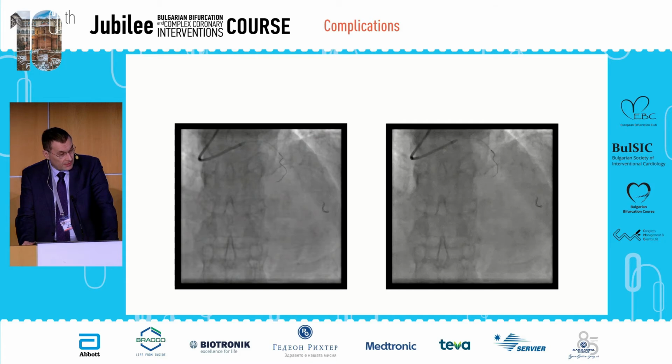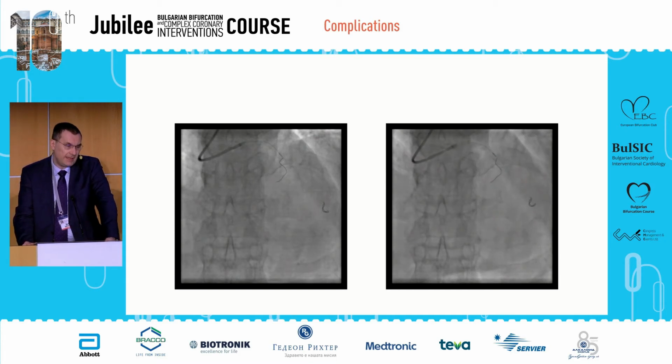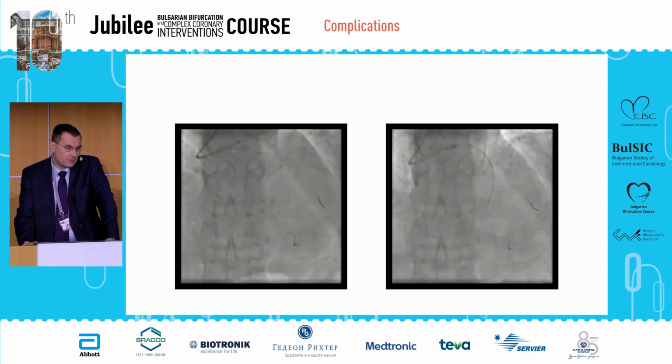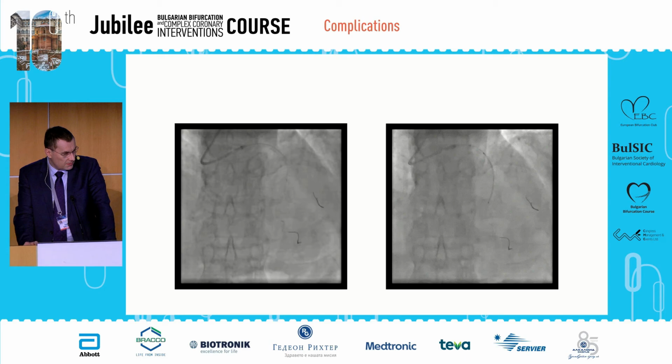This is how we wired the LAD retrogradely. After that, the Fielder was placed deeply into the septal branches, the Sasuke wire was removed, and it was exchanged for a FineCross. Then we exchanged the Fielder for a Sion wire, and the procedure was straightforward afterwards.